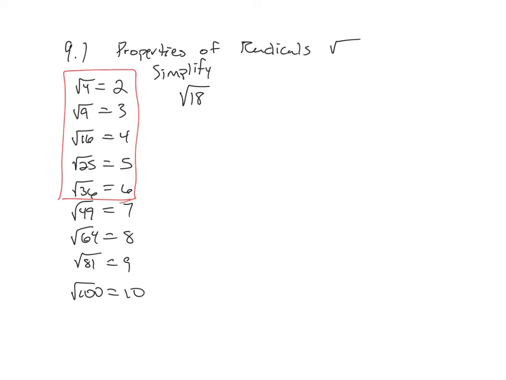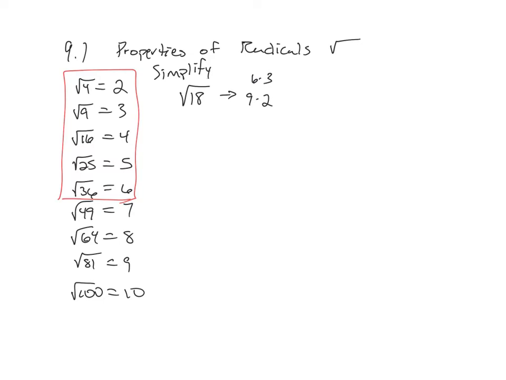So there's two ways to do this one. You can just ask, what times what is 18? So I could, and 18 times 1 doesn't count. So 6 times 3, 9 times 2 make 18.